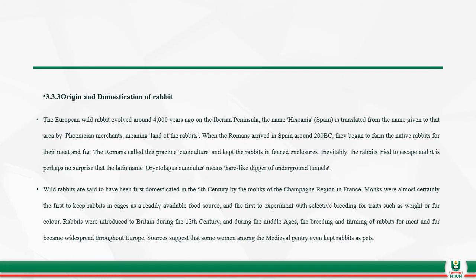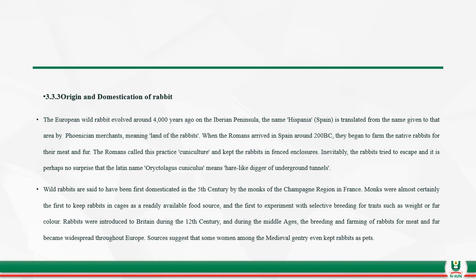Rabbit. The European wild rabbit evolved about 4,000 years ago on the Iberian Peninsula. The name Hispania is translated from the name given to that area by Phoenician merchants, meaning land of the rabbits. When the Romans arrived in Spain, they began to farm the native rabbits for their meat and for fur.